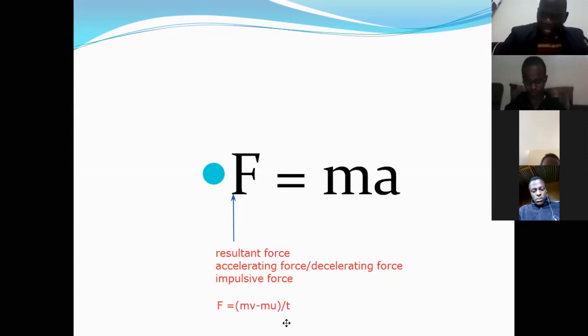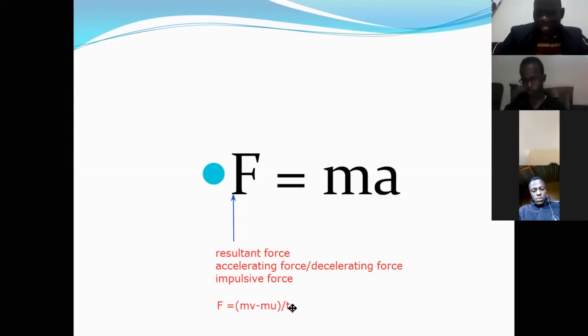So the time taken when you hit the wall is very short, and when that time is very short, the change in momentum per unit time will be very high. That's how you feel the pain. But if you hit the mattress, it takes some more time before your hand stops.